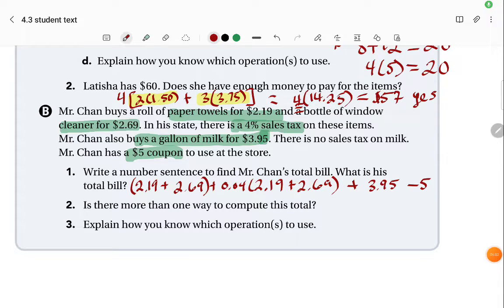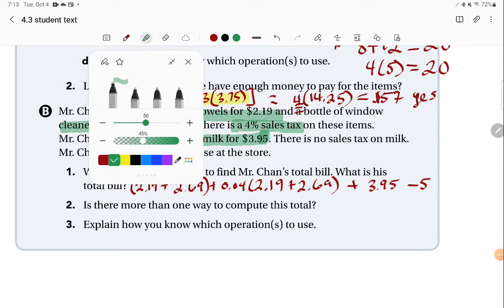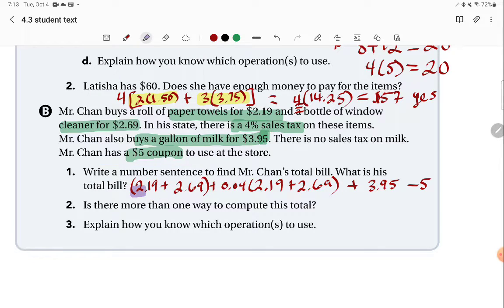So the first thing we would do is look to see if we can set up an expression. For example, right here, this part represents the paper towels and the cleaner. Over here, you have the paper towels and the cleaner again being multiplied by 4%. So all of this gives us 4% of the total for the paper towels and the cleaner.